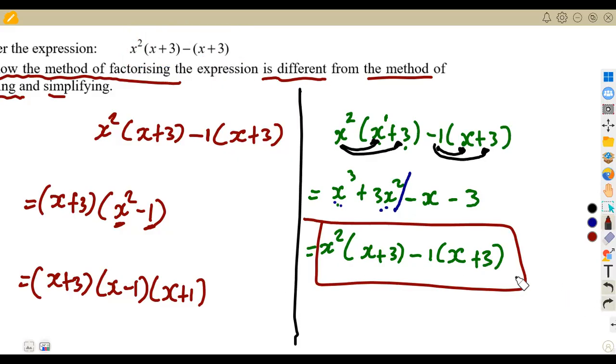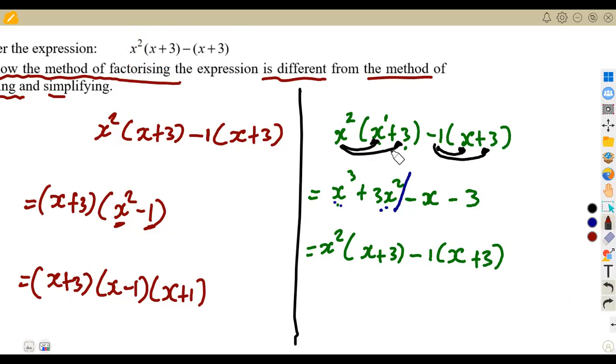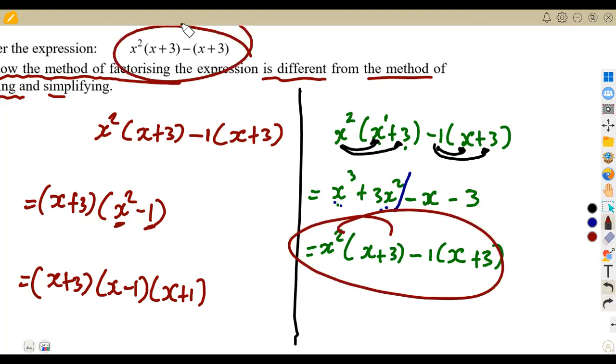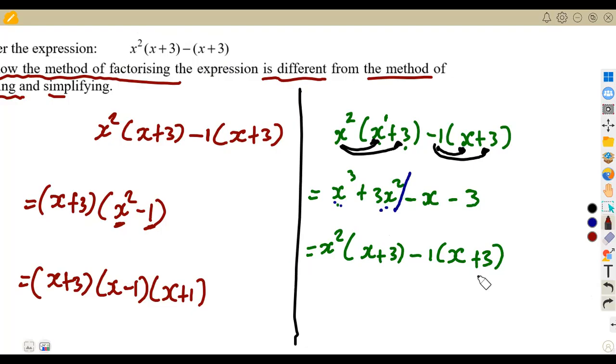So it's actually a waste of time to expand when you are given a scenario like this, where you can see that the bracket is common. Maybe you didn't see that, but as you can see, after everything, you are back at the stage that you were avoiding in the first place. So we are back to asking what is common here.